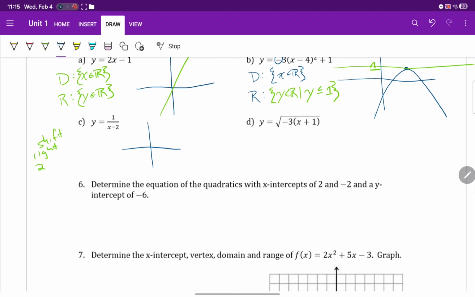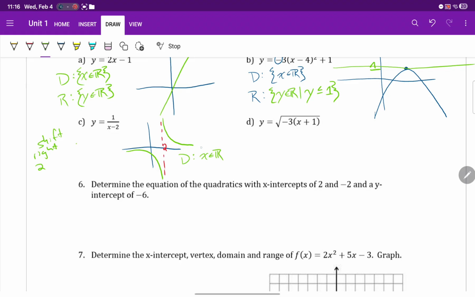Your reciprocal function typically looks like this, but in this case, it's been shifted right by 2, so we have a vertical asymptote here at 2, and my graph now looks like this, okay?